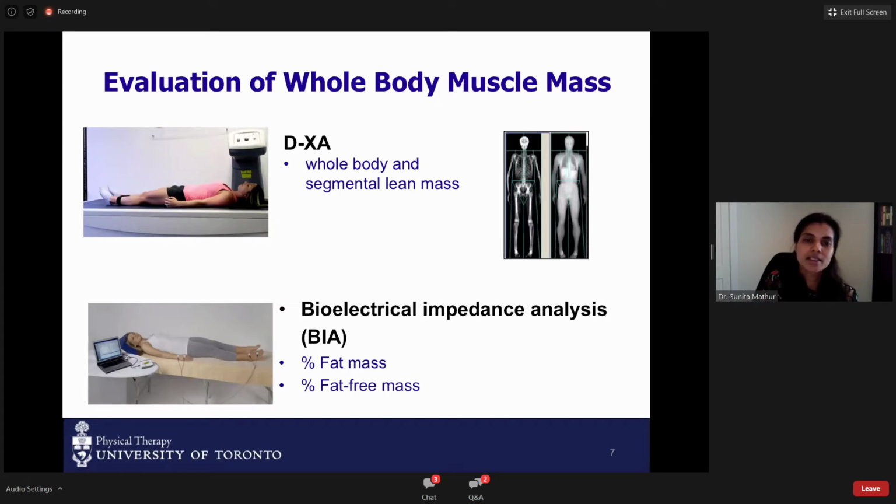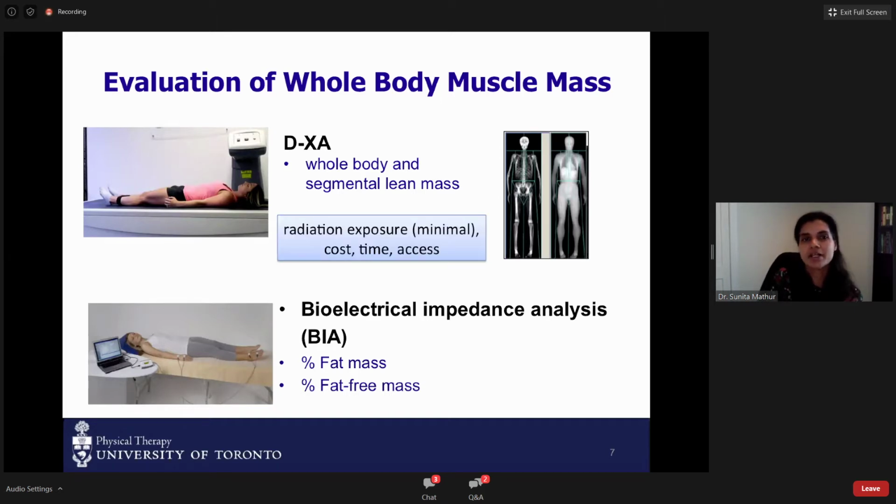In the consensus definition, both DEXA and bioelectrical impedance have been suggested as measurements for looking at muscle mass. But some of the limitations of doing DEXA clinically are that there is some radiation exposure, and not everyone wants that extra radiation. There's also cost, time, and access issues to having a DEXA scan done.